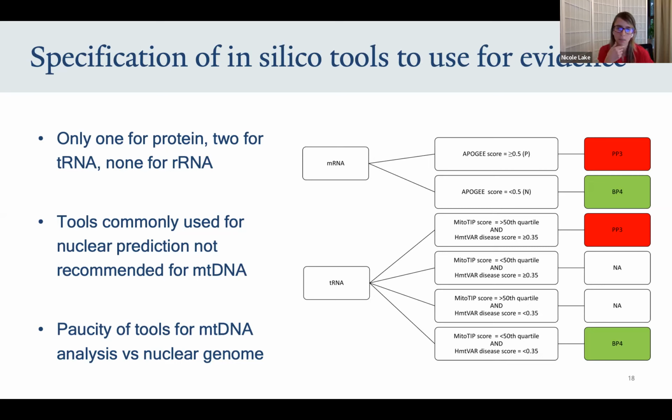So they've recommended this because most of the tools that you're probably familiar with, like PolyPhen and SIFT and CADD, are actually built and trained upon variants from the nuclear genome specifically. So they don't actually apply very well to the mitochondrial genome.